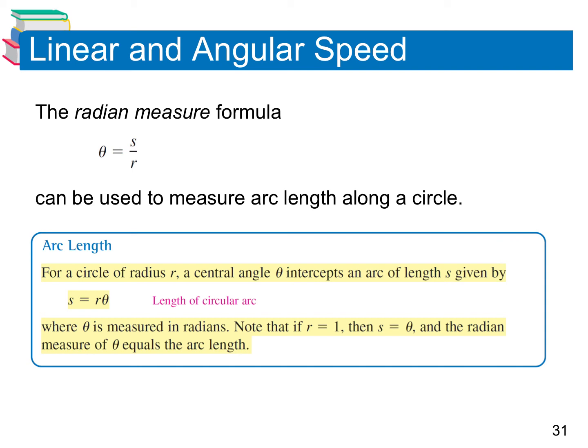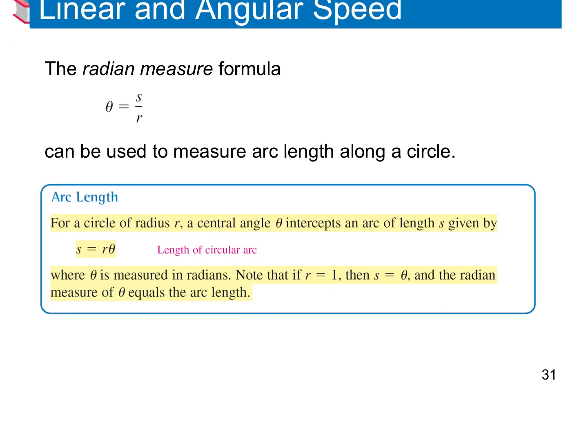So next we're going to find the linear and angular speed. For a circle of radius r and central angle theta, the intercepted arc length s is given by this formula. So this is our arc length formula. Arc length is s. So s is equal to r times theta, where theta has to be in radians.